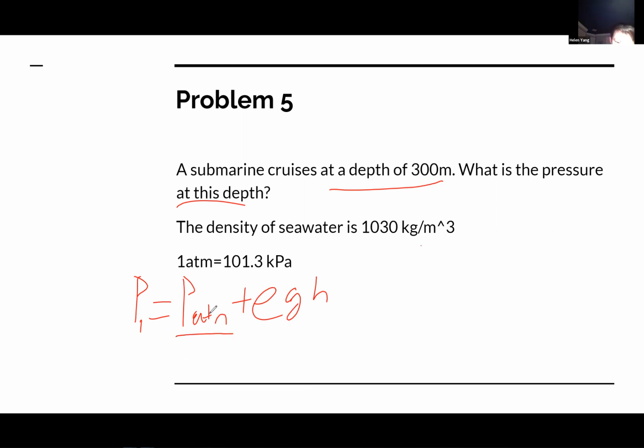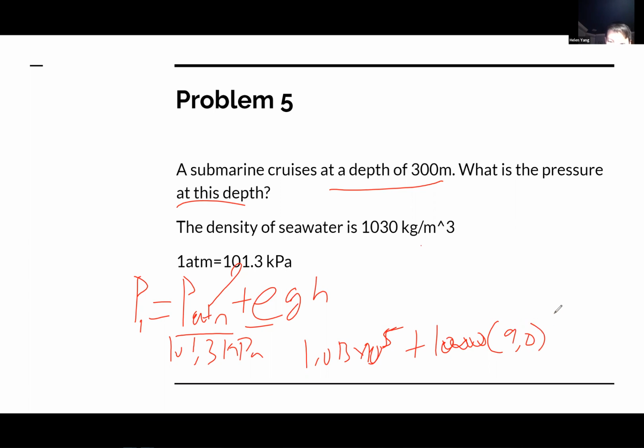So you know P atm is right here, 101.3 kPa, which is 1.013 times 10 to the power 5. And then plus rho, which is 1000, the density of water, times g, which is 9.8, and times the height, which is 300 meters. So you can just solve that to get the pressure.